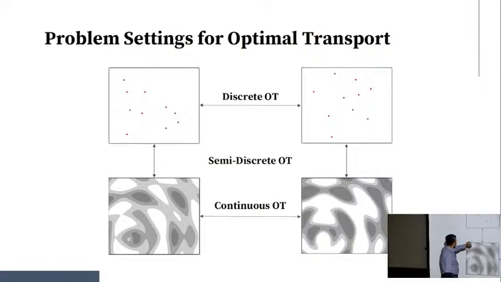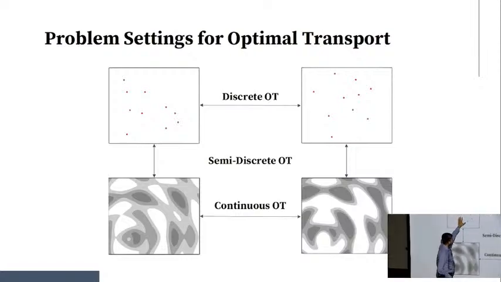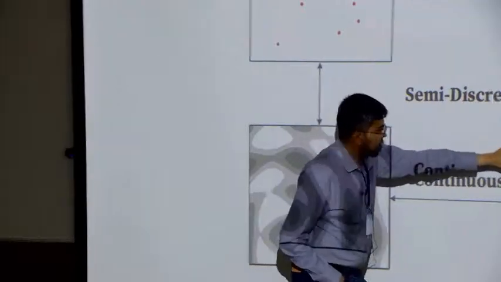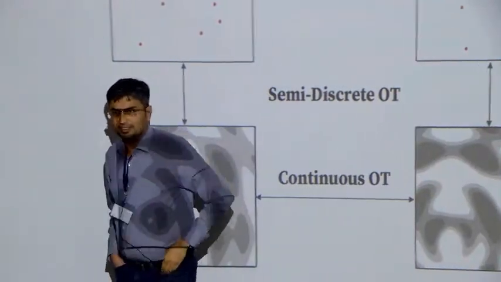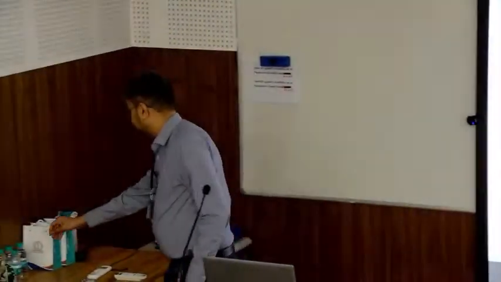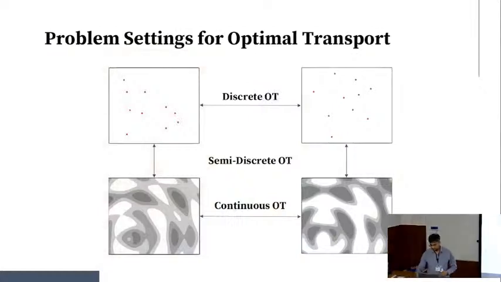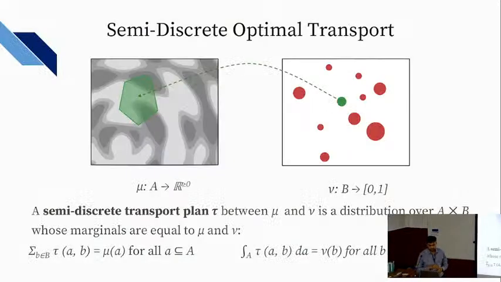Can we compute the cheapest way to transport mass from this discrete distribution to this continuous distribution? So that's the problem, the semi-discrete optimal transport problem.